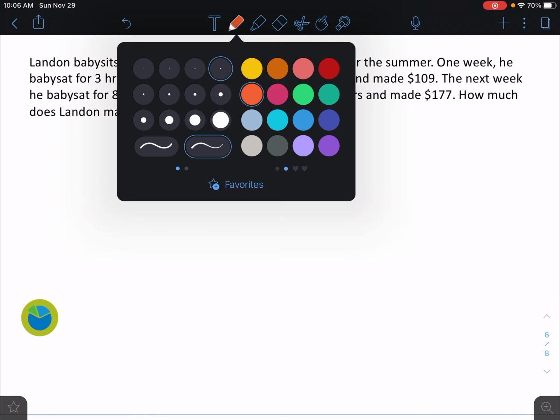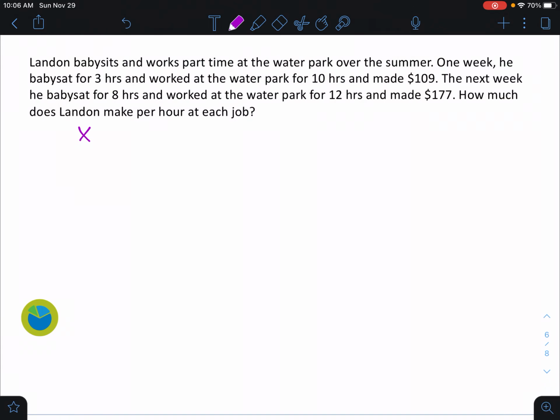So let's define those. X is working babysitting hours. Babysitting, how much money he makes babysitting, I should say. And Y is how much money he makes at the water park.